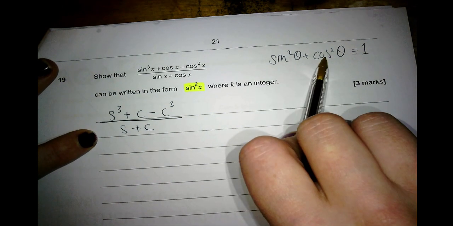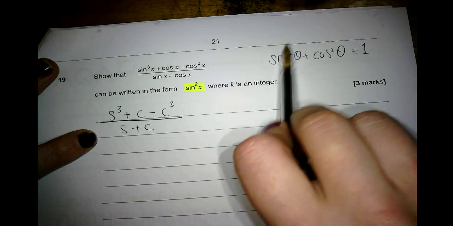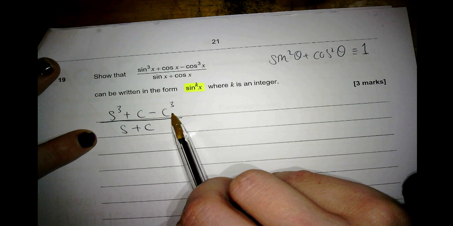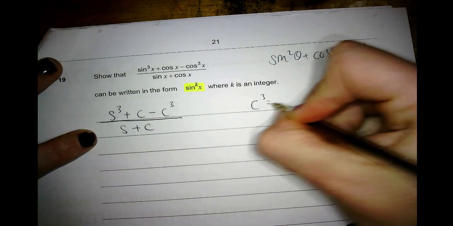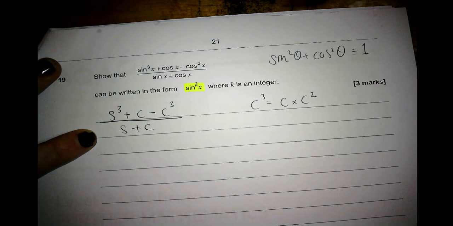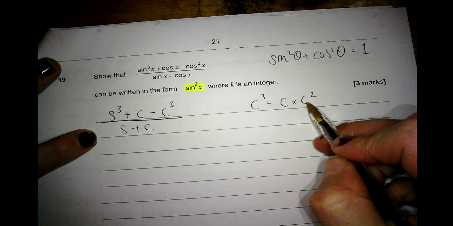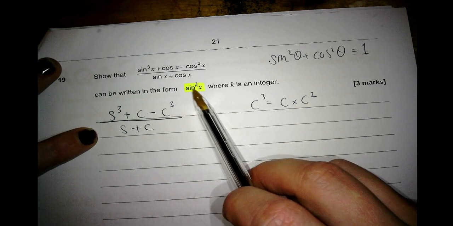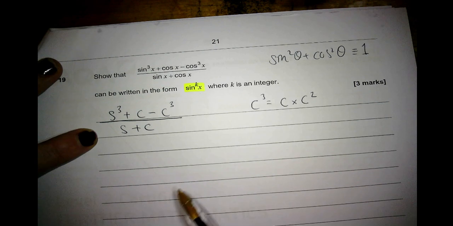I know how to go from a sine squared to cos squared or cos squared to sine squared. I don't really know for sine cubed or cos cubed, but what I could do is say that cos cubed is equal to cos times cos squared. And then I know how to go from a cos squared to a sine squared. Remember, I'm trying to move towards this, so get things in terms of sines instead of coses.